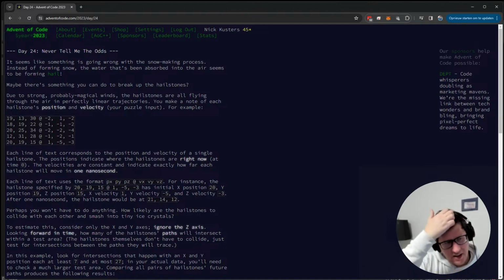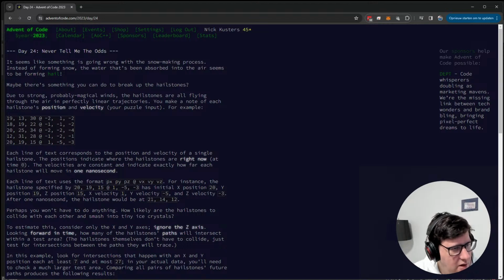So it's an XYZ with a speed in XYZ as well. Luckily, the thing that I did a few days ago can use that perfectly well. For instance, the hailstone specified at 20, 19, 15 has an initial x position of 20, y position of 19 and z position of 15, x velocity 1, y velocity -5 and z velocity -3.